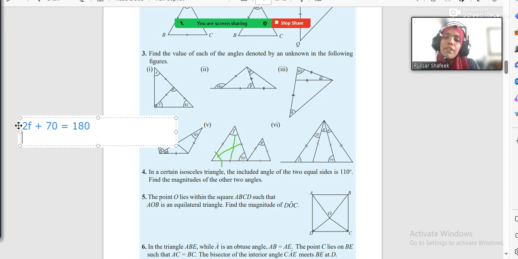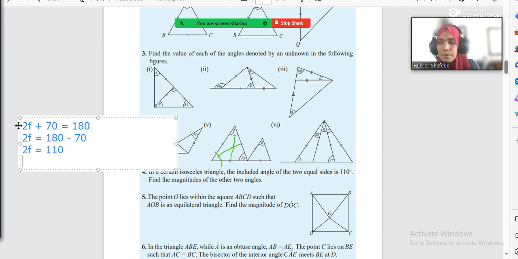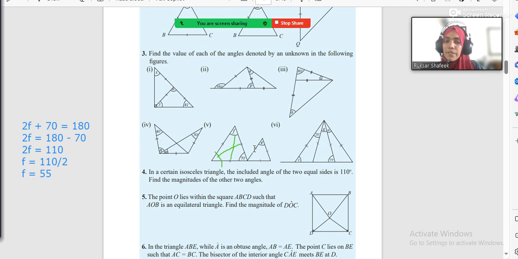So then what we can say is that 2F is equal to 180 minus 70. So if I minus 70 from 180, I would have 110. So 2F is equal to 110. And we can say F is equal to 110 divided by 2, which is equal to 55 degrees. So there we go. Part of our problem has been solved. We have F equals 55.